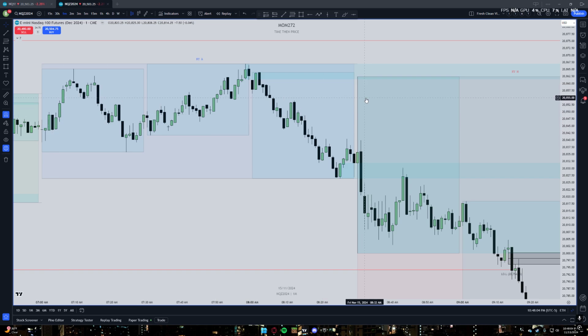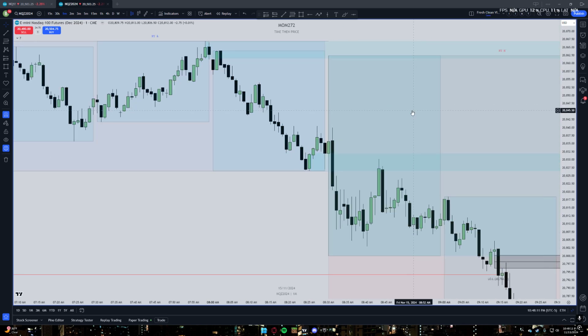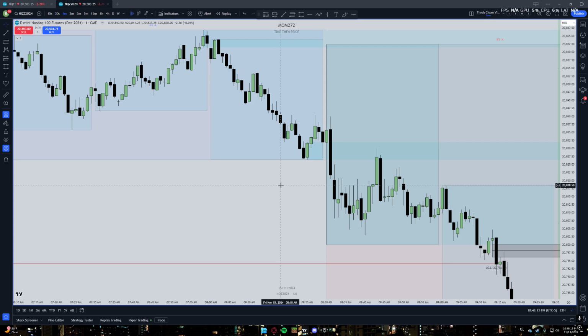And what do you look at for an order block? You're typically looking at the open price of the candle. That's what you pretty much always look at, the open price of an order block. That's what order blocks are based on, pretty much.